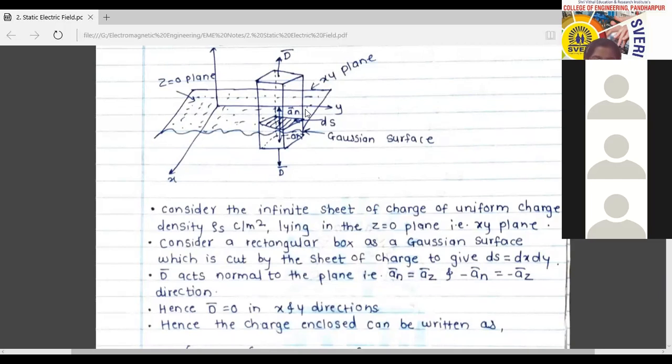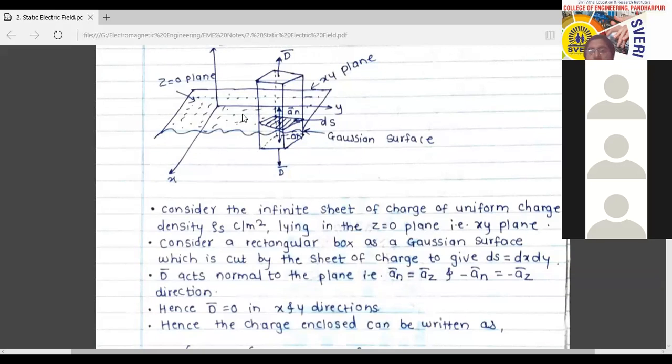So when we are considering this sheet, which sides can we consider? Here are the top and bottom surfaces, right? One is the top surface, another is the bottom surface, and you can consider the sides too, meaning the front side, back side, left side and right side.